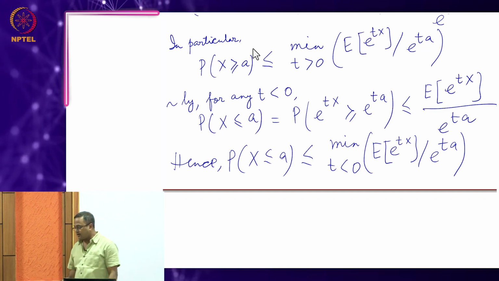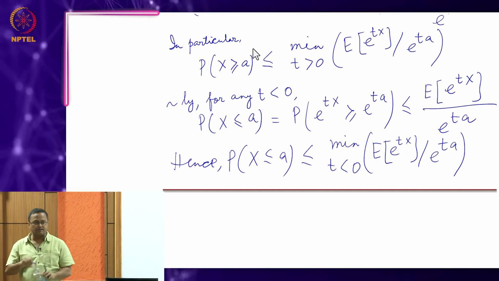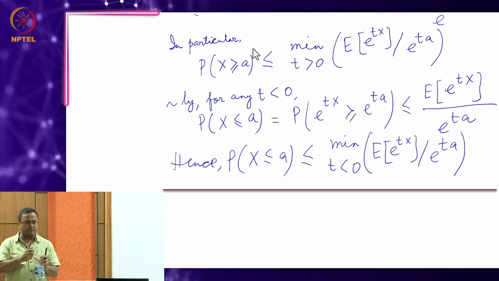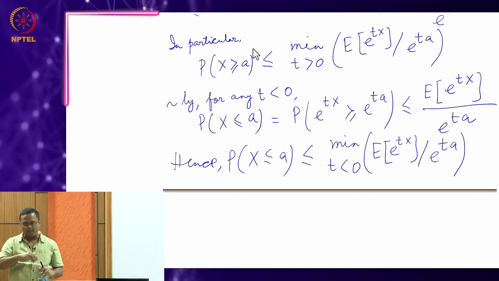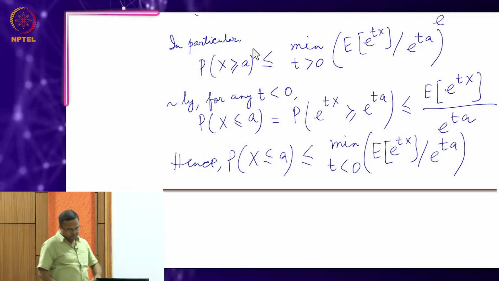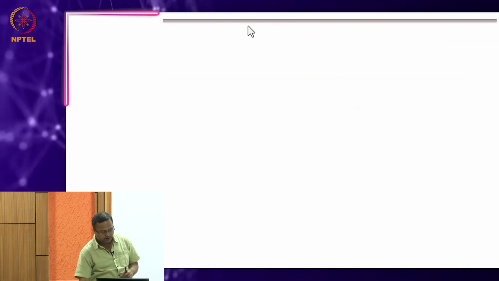What we would show is that for a sum of Poisson trials, the Chernoff bound has a nice expression. So, any queries till now?